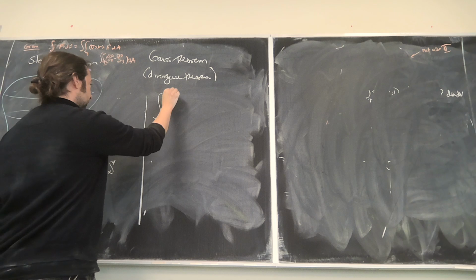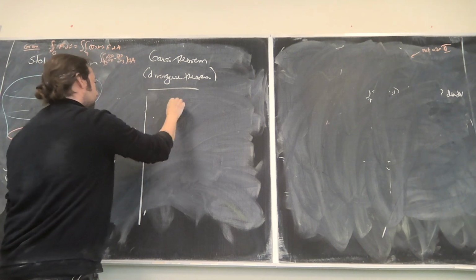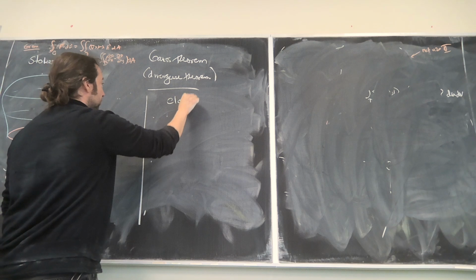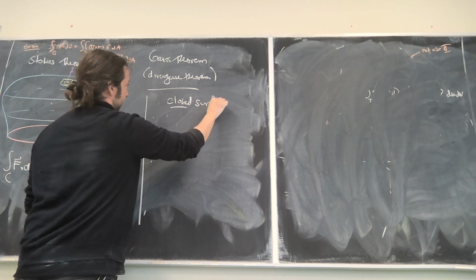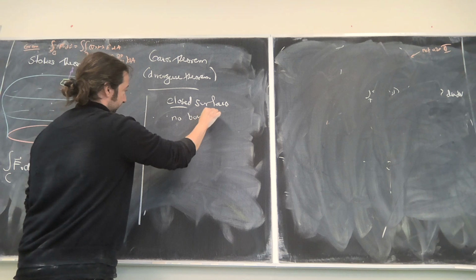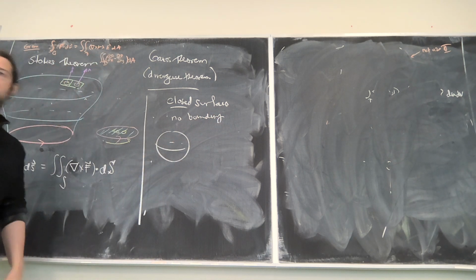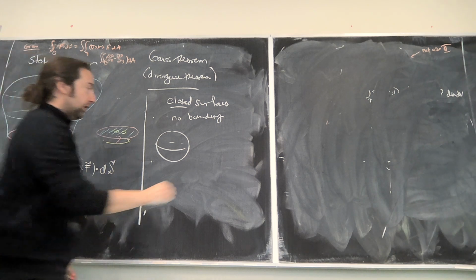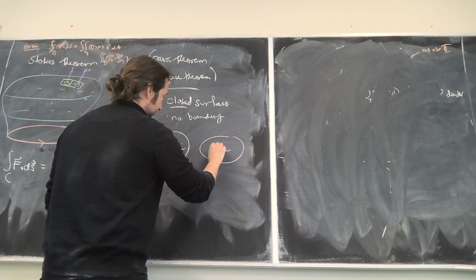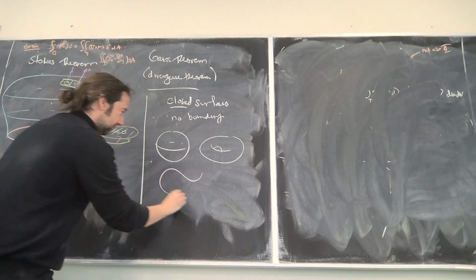The double integral over, okay, I guess we should start there. This is a theorem about what are called closed surfaces, which means no boundary. So, for example, a sphere is a closed surface. There's no edge to a sphere. Or a donut is a closed surface, or a double donut.